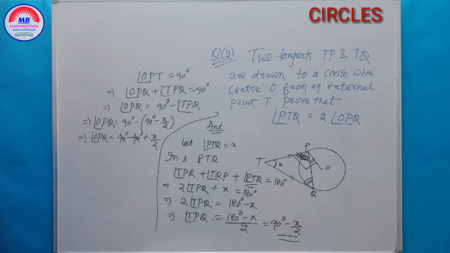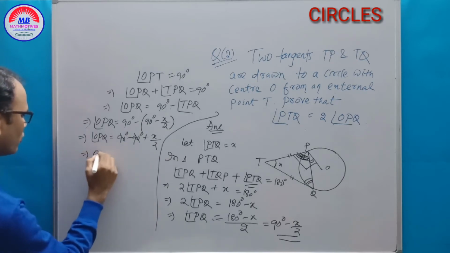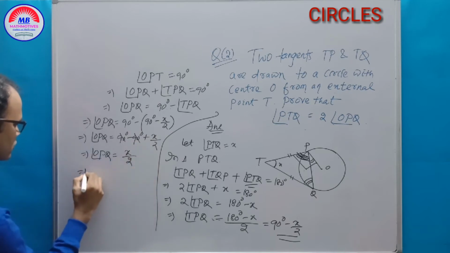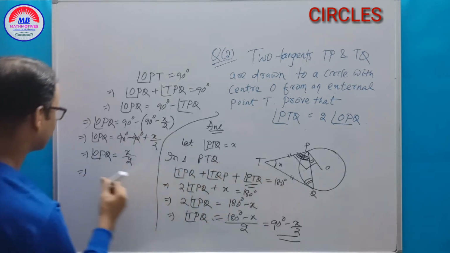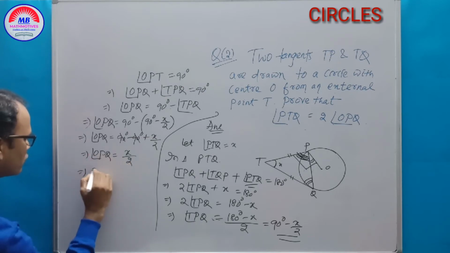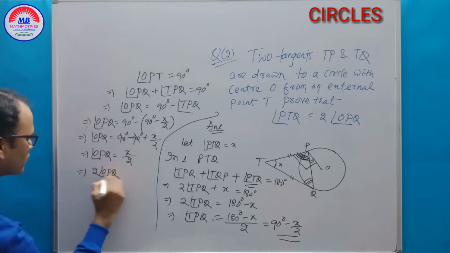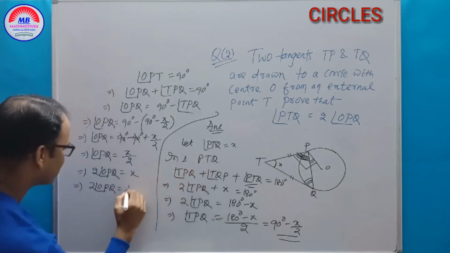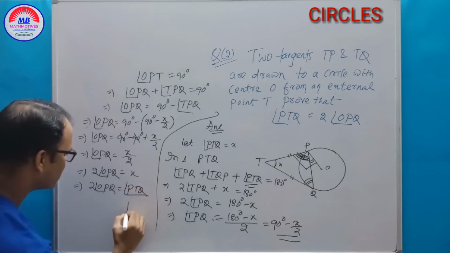The terms cancel, so OPQ is equal to X by 2. So 2 OPQ equals X, and X is PTQ. Good.